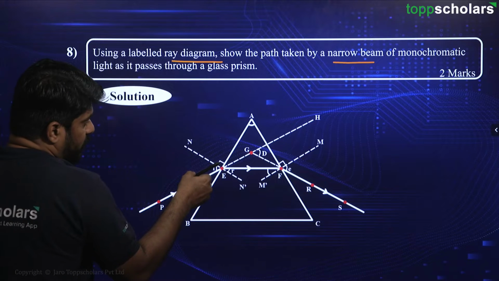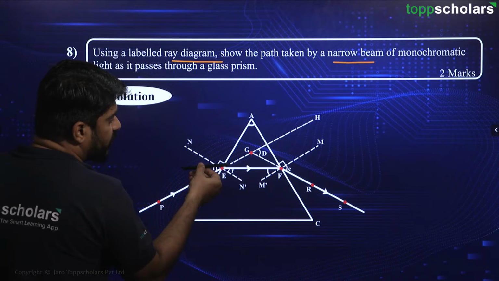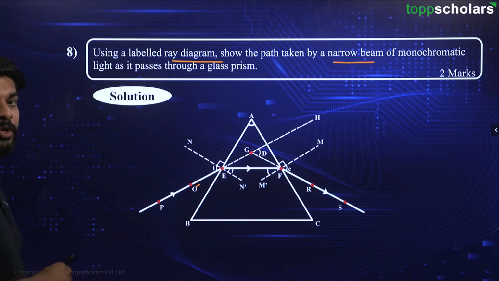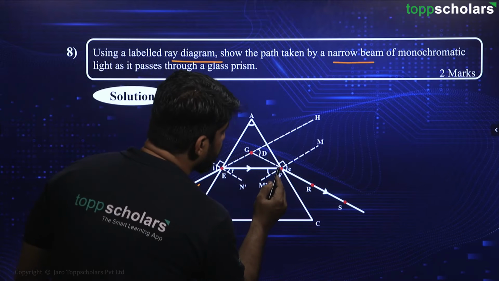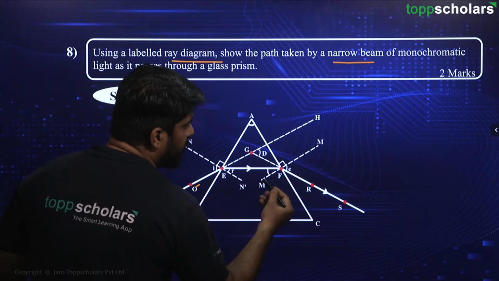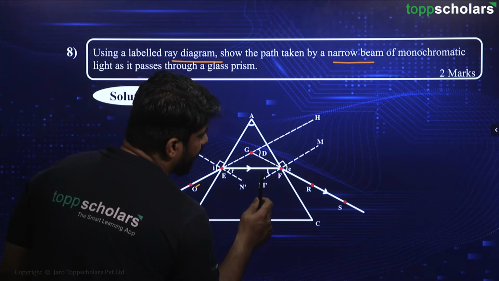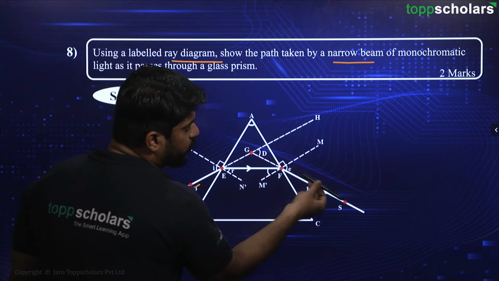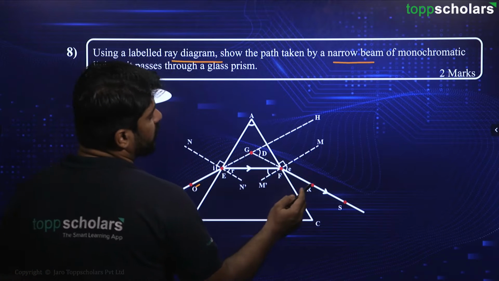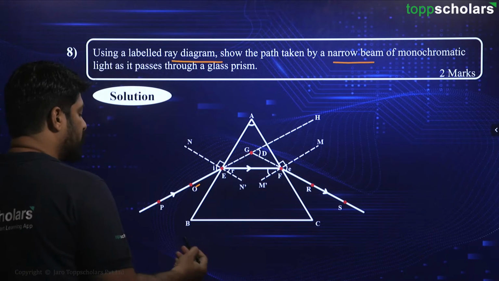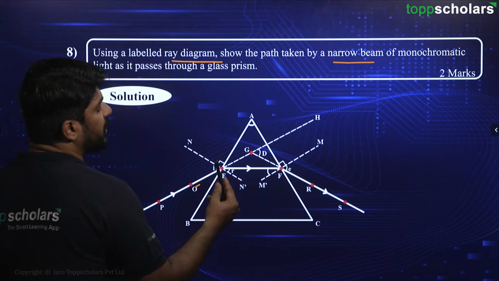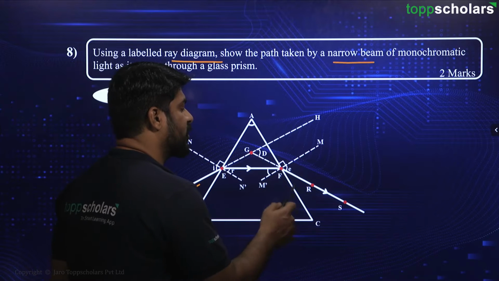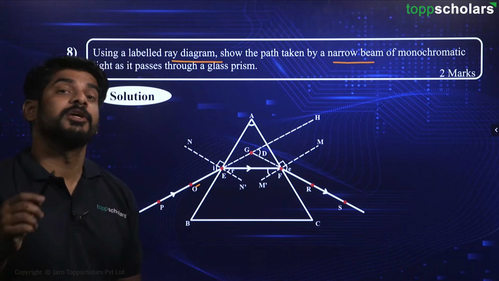Now, after passing through this prism, here you can see the path has been deviated a little bit due to the phenomenon of refraction. Then again here when it comes, this is the normal, and as we can see, since the light is passing from denser to rarer, it will bend away from the normal, so it is going to go in that direction. So this RS is the emerging ray. So here PQ is the incident ray, EF is the refracted ray, and FS is the emergent ray.